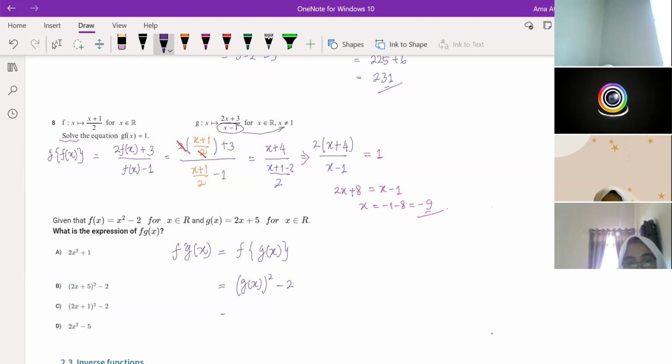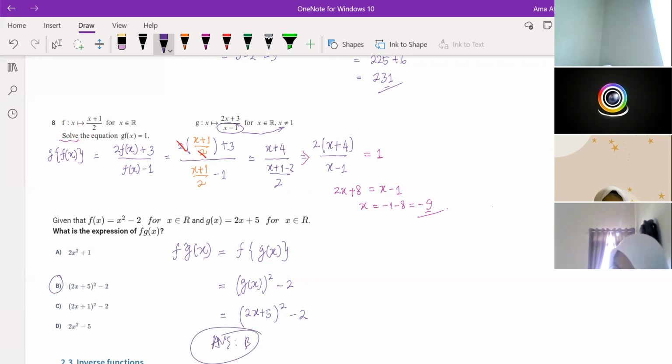And therefore g of x is 2x plus 5, and we take the square of this, and then subtract 2. In this case, you check the answer to see which one is satisfying, so it will be option B. The answer is B.